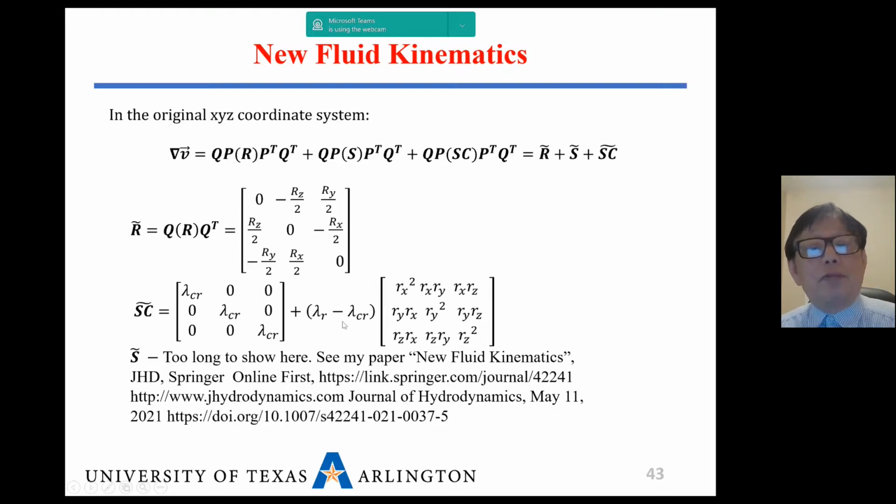Of course, for laminar flow, for example a laminar boundary layer, it is zero, so we just get zero. S tilde is too long to show here. If you're interested, you can see our paper, New Fluid Kinematics, published in the Journal of Hydrodynamics.